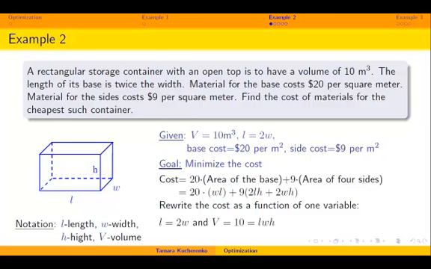Solving for H, we find that H equals 10 over L times W. We substitute 2W for L from the previous equation and obtain 10 divided by 2W squared, which is 5 divided by W squared.